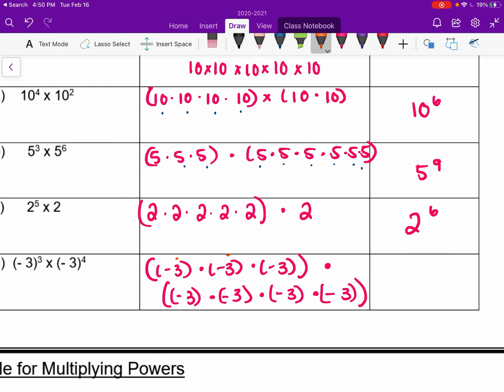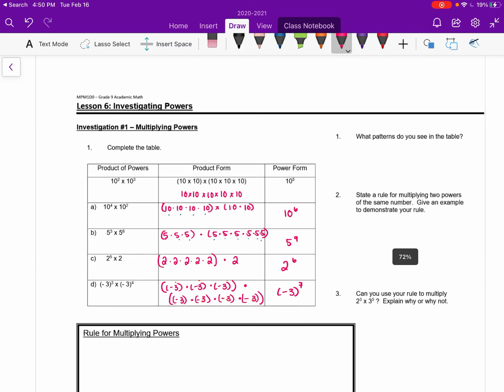So I'm left with 1, 2, 3, 4, 5, 6, 7 negative 3s, so it's negative 3 to the power of 7, right?